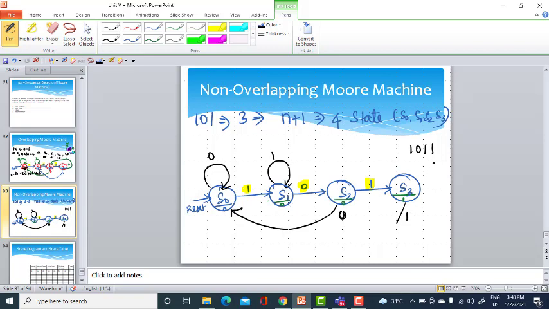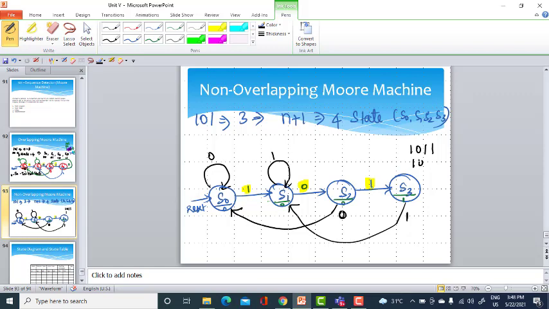But now, again you are receiving 1. When you receive 1 again, you will go to the same state. But see here, when you receive 0, that makes a difference.